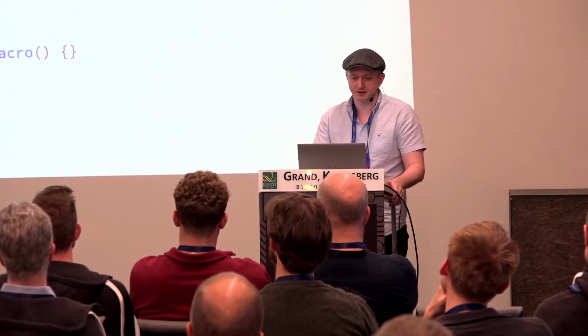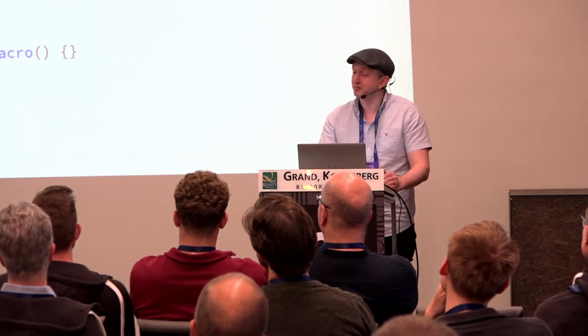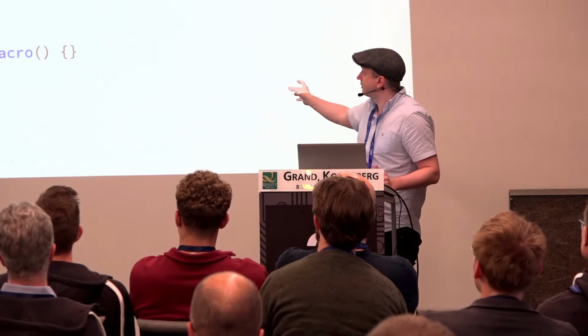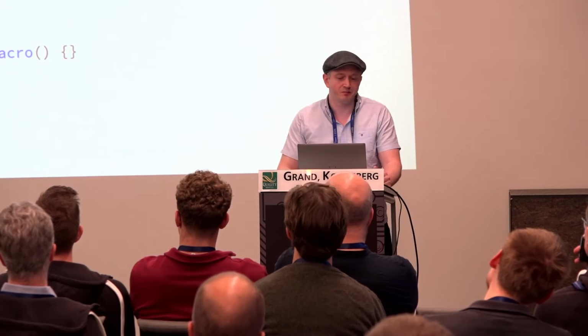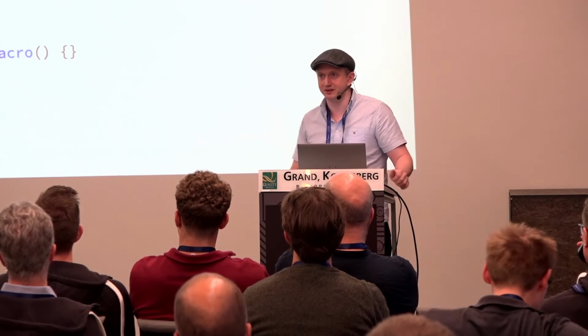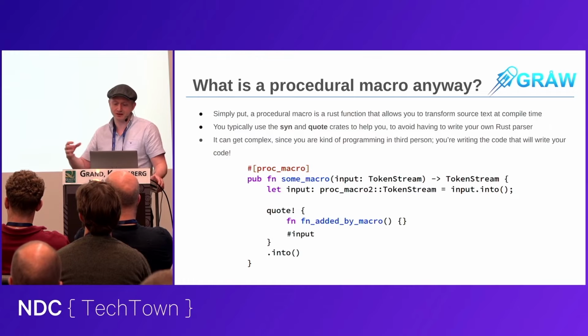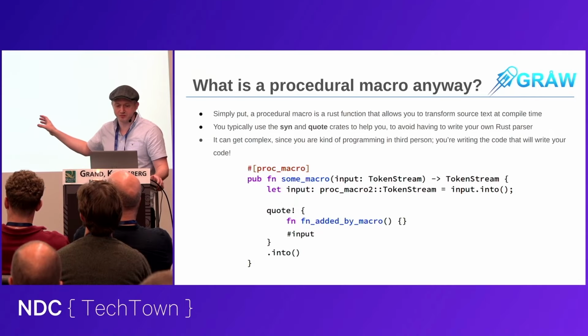Let's get started. So, the dark arts of procedural macros in Rust. It's basically a function that you write in normal Rust code. You can see an example of one here. That runs at compile time. The input to the function is a token stream, which is just yanked out of your source code text and passed into this function.